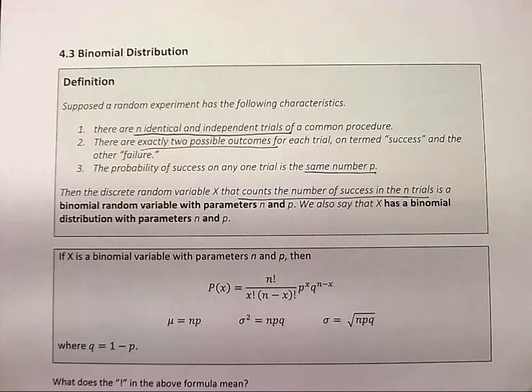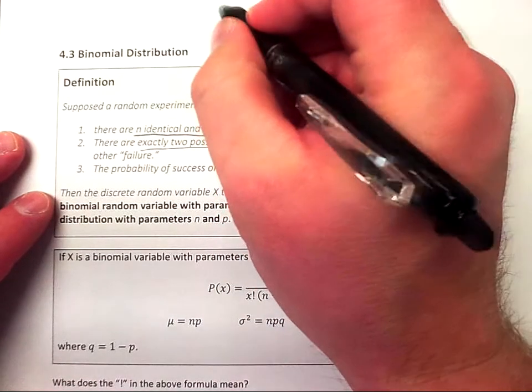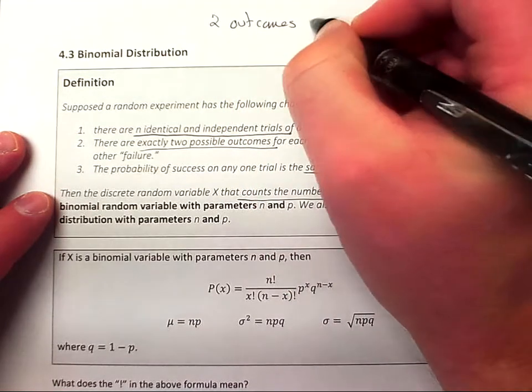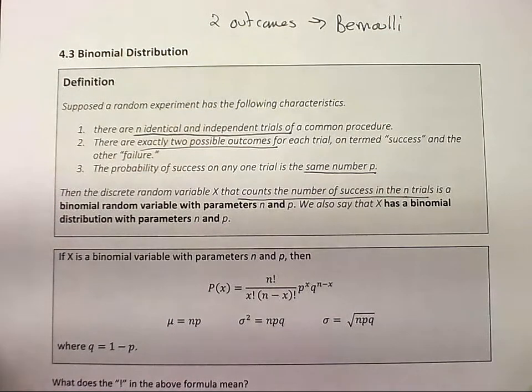Just as a quick side note, and this is not something that you have to remember, if you have some experiment where there are only 2 outcomes, technically speaking, this is a Bernoulli random variable. And we'll see why that's the case in a second. Whenever we're dealing with something that only has 2 possible outcomes, we're going to go with the verbiage of the textbook, and say that this is a binomial random variable.